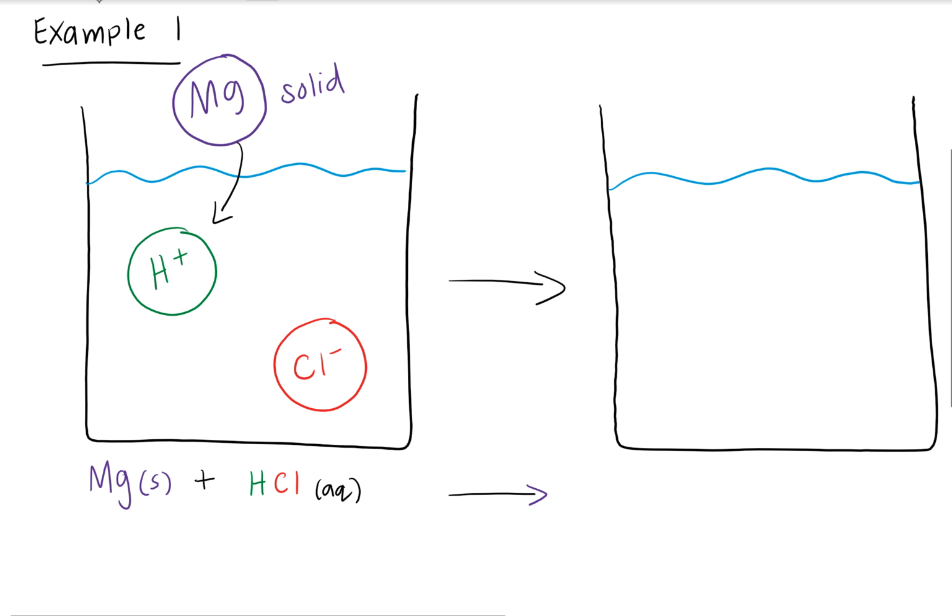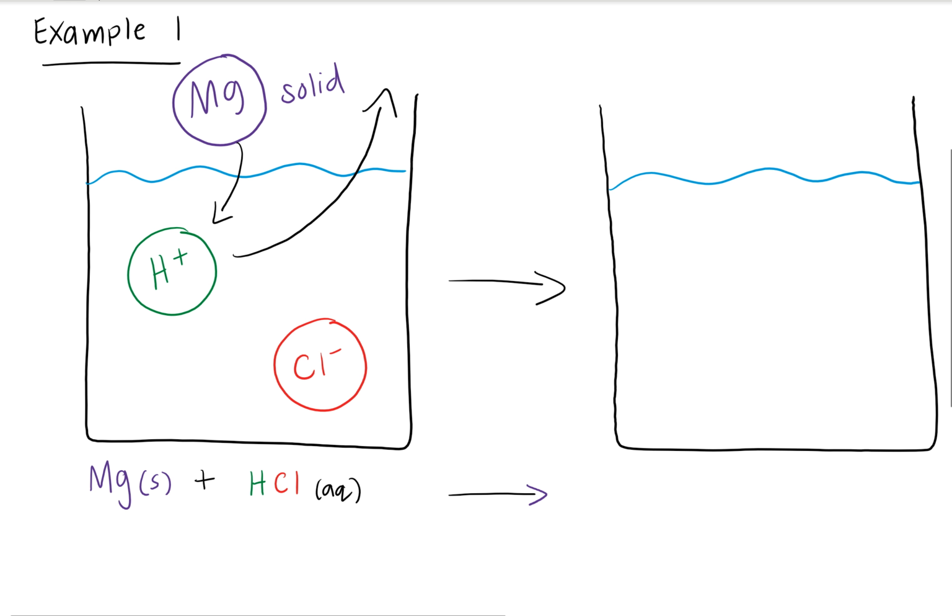And since magnesium is a metal and metals form positive ions, the magnesium is going to replace the positive ion of our solution. So in other words, that means the magnesium is going to replace the hydrogen ion, and that hydrogen ion gets kicked out of the water, gets kicked out of our aqueous solution.